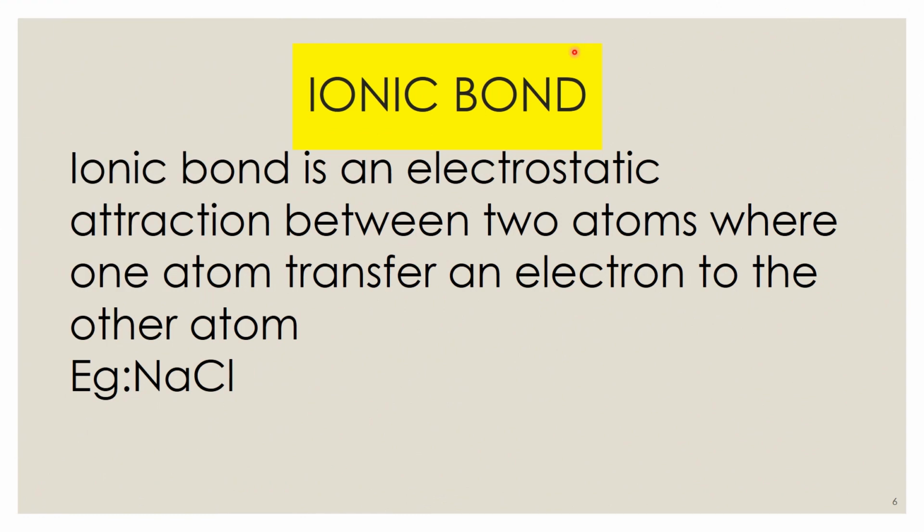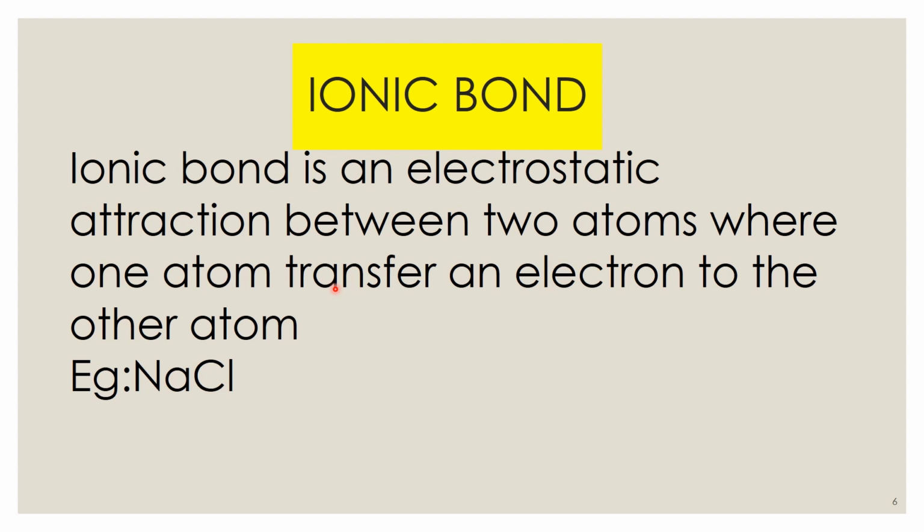Next one, ionic bond. We all know that an ionic bond is an electrostatic attraction between 2 atoms, where one atom transfers an electron to the other atom. The best example for ionic bond is sodium chloride. Sodium always wants to lose 1 electron and chlorine always wants to gain 1 electron.